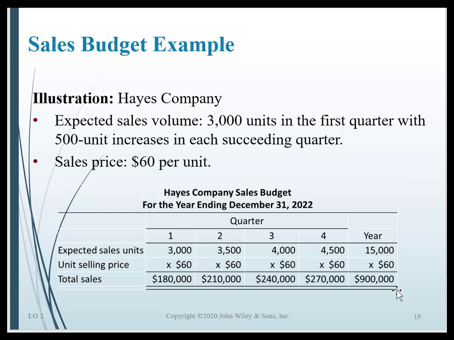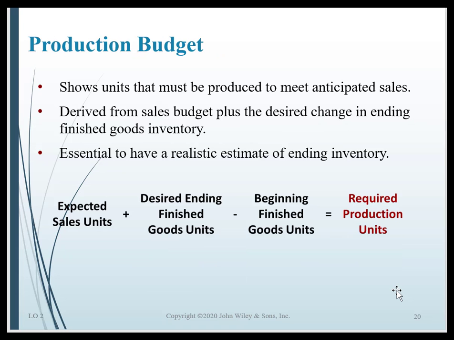This then leads us to the production budget. How many units do we need to produce in order to create this level of sales? We expect a certain number of units, we said the next quarter, 3,000.